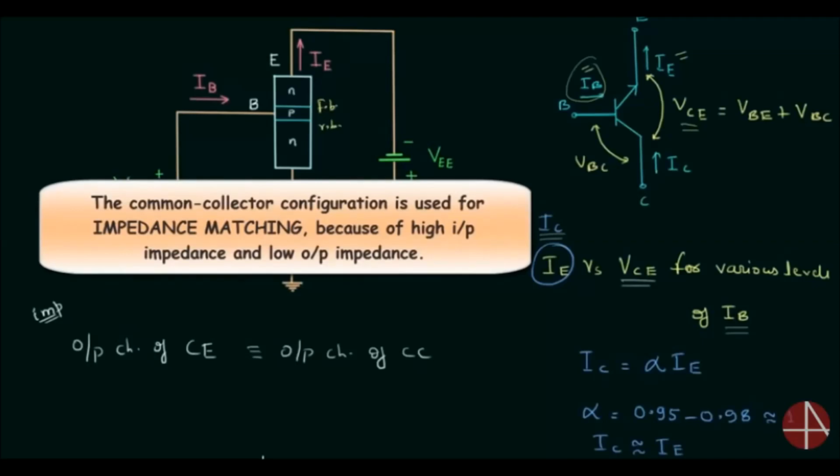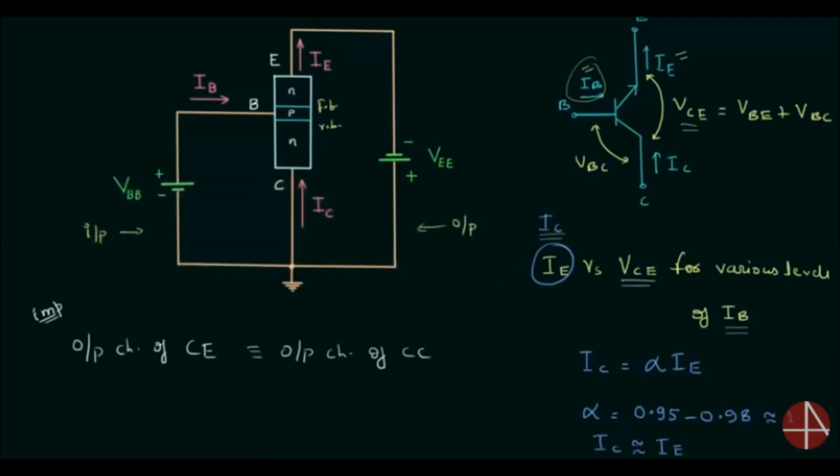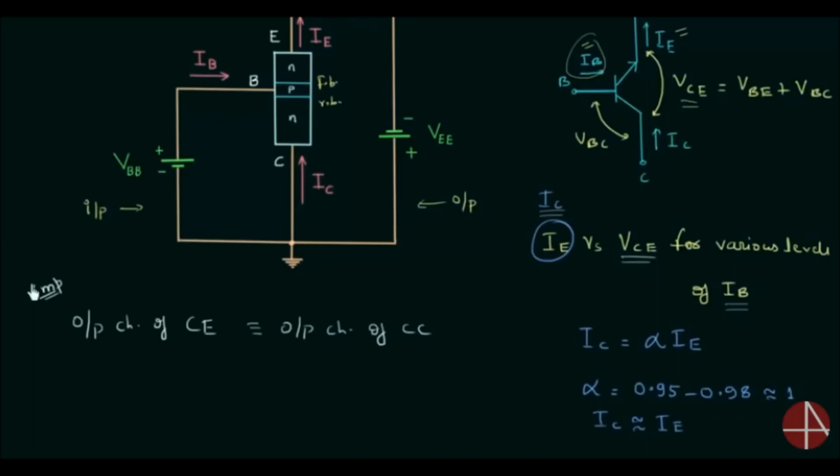The next thing is the current amplification factor in common collector transistor. The current amplification factor is denoted by gamma, and it is ratio of change in emitter current to the change in base current.